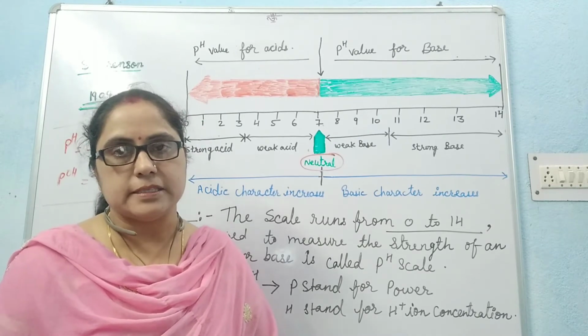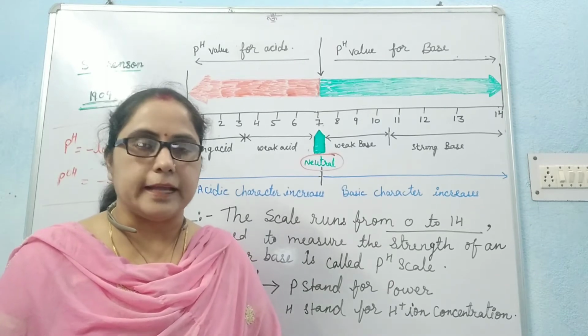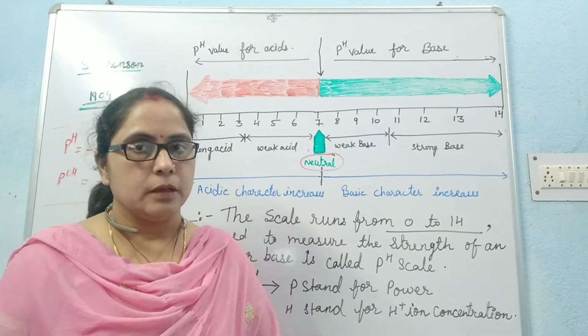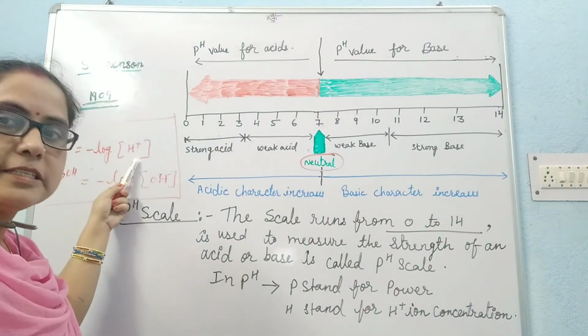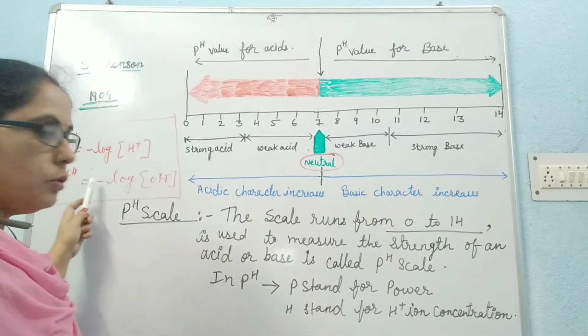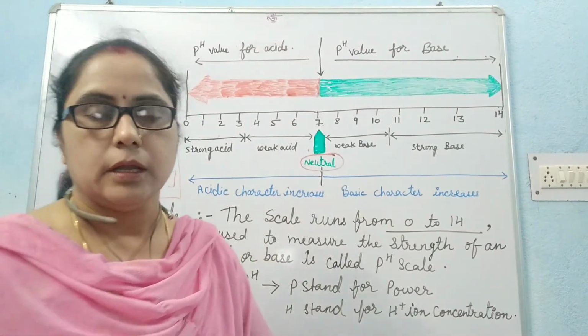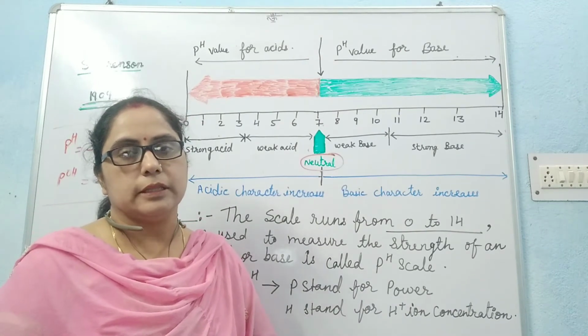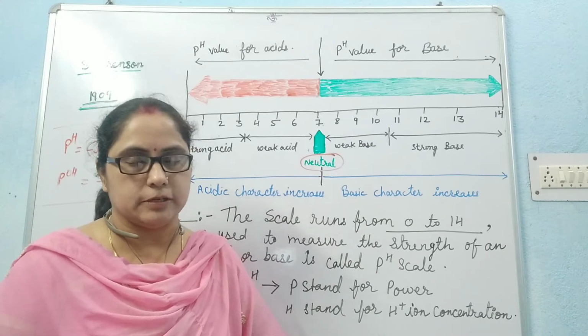Hence, we can measure the pH value of a given solution with the help of H plus ion concentration. pH is equal to minus log H plus ion concentration, or pOH is equal to minus log OH minus ion concentration. But mostly we will use the pH value on the basis of H plus ion concentration.